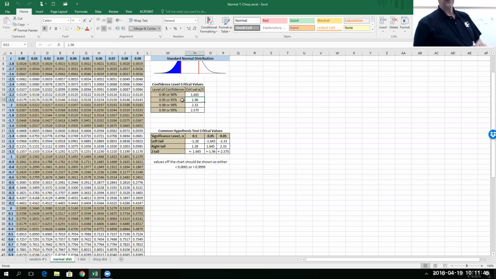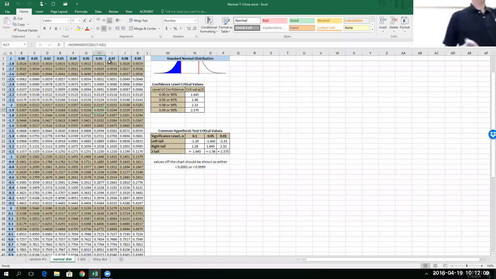If I've got 95% confidence, this is 1.96, this is negative 1.96, or I can go fishing around in the table for that. So negative 1.96 gives me exactly the left critical value here. Does that make sense? We'll convert this to a chi-square in just a minute.